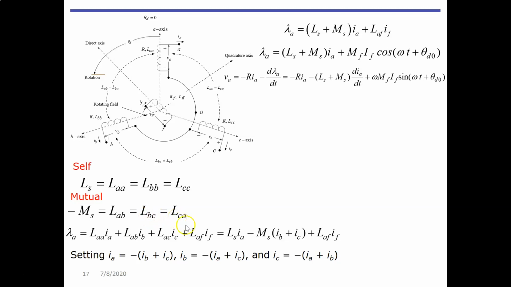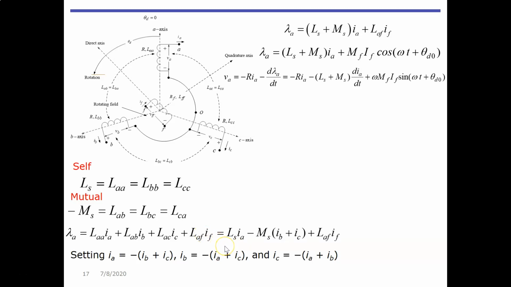Then we can combine all the flux linkages, as you can see here for the A phase. We also have them for B and C, but I just show the A phase, where we have the currents IA, IB, IC, and the field current. We can further do some simplification.